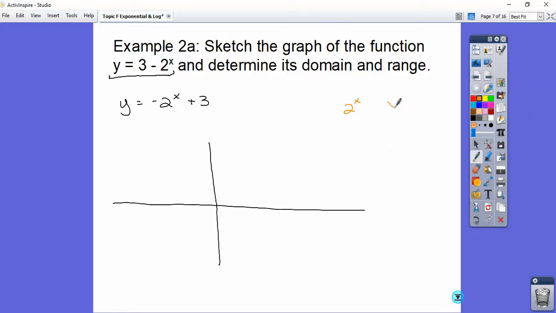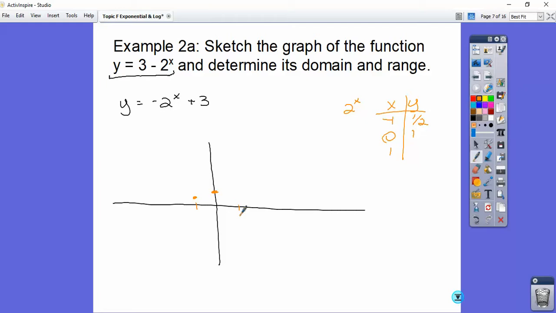If you put in -1, 2 to the -1 is 1/2. If you put in 0, 2 to the 0 power is 1.